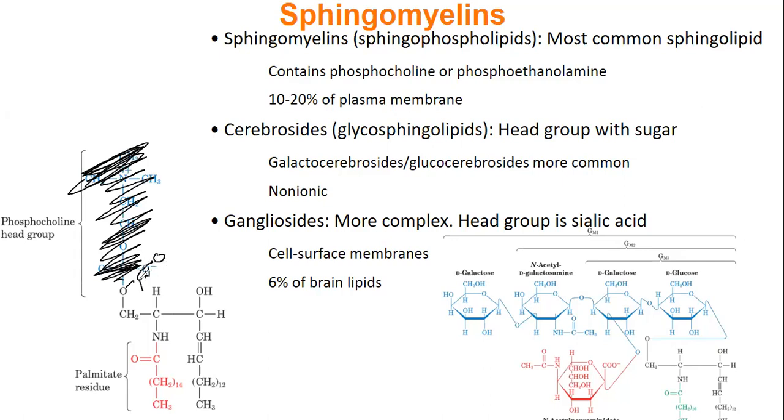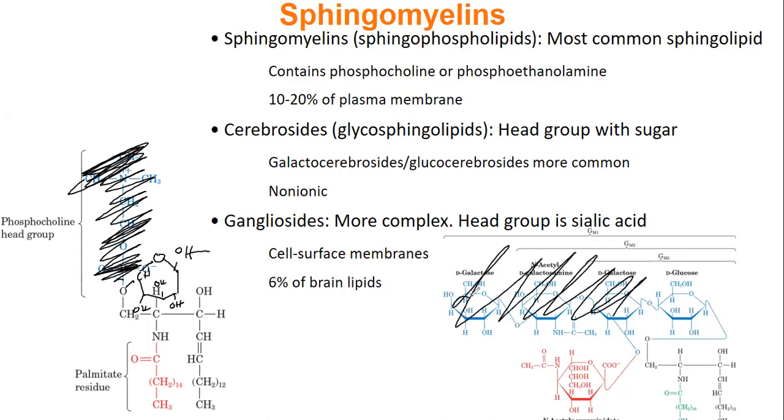Then your sugar ring would be proper, where you have OH, OH, OH. That's basically a cerebroside. You just have one sugar there. I suppose it would have been easier, now that I look at it, if I had just said it's basically that without the sialic acid. That's a cerebroside basically.